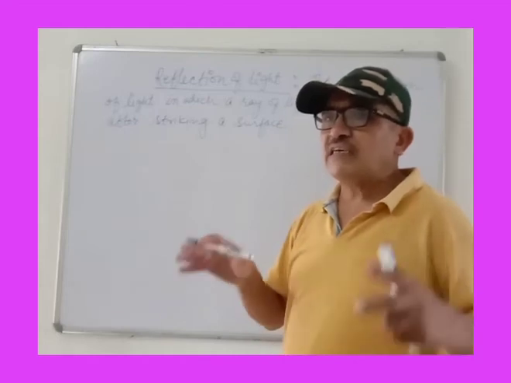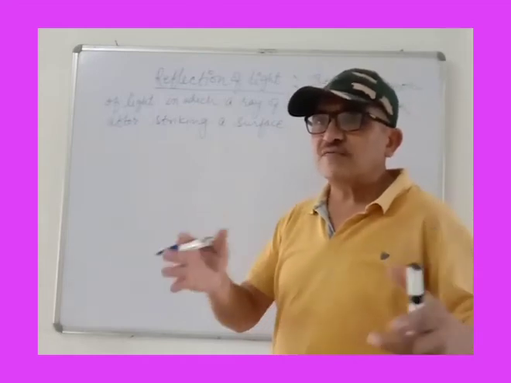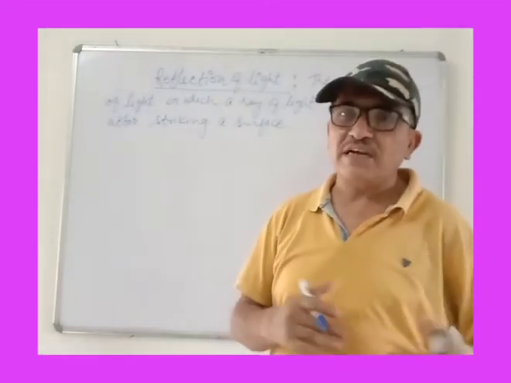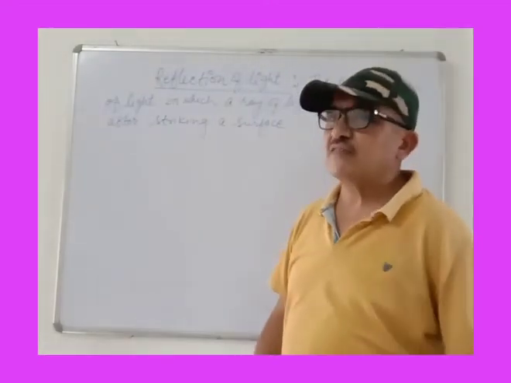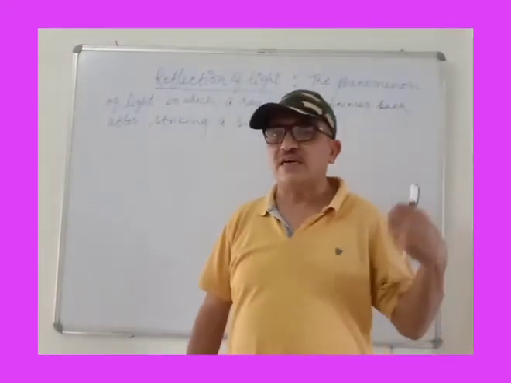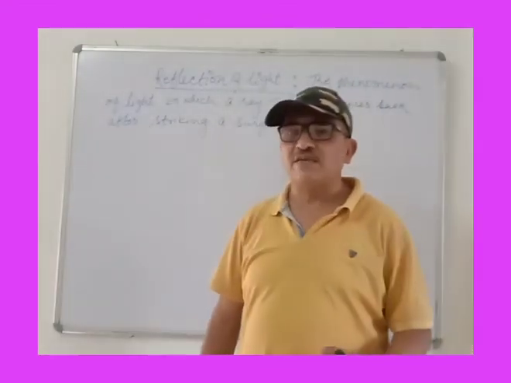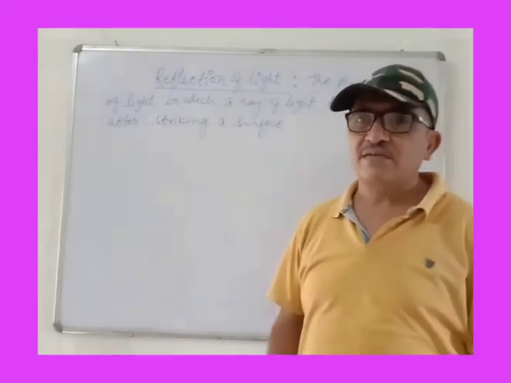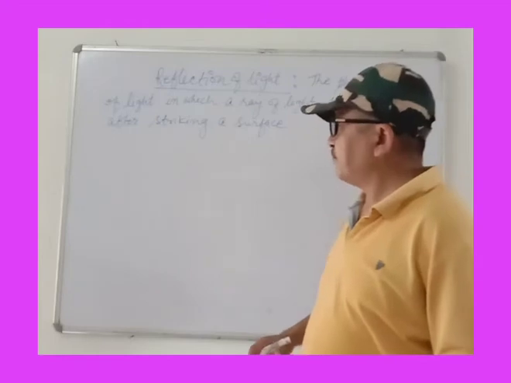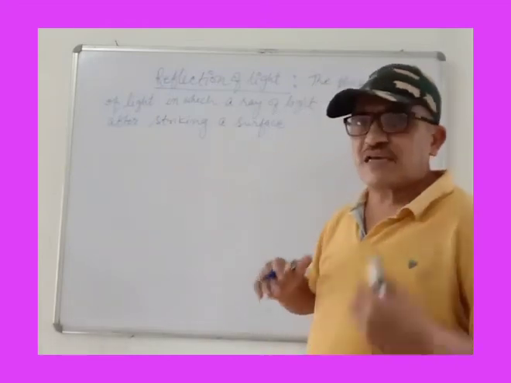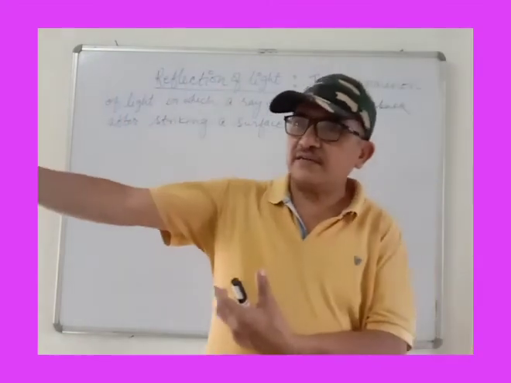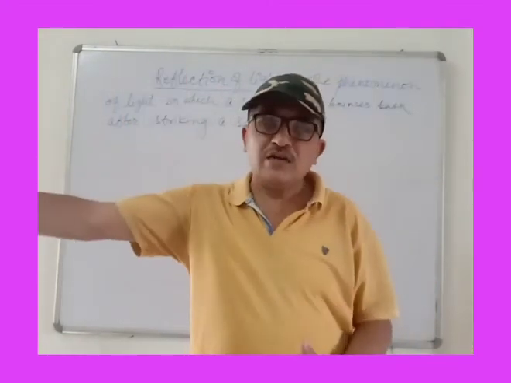So light can reflect from any kind of surface. Yes, there are some rules. Sometimes light reflects in a regular manner, sometimes light reflects in a scattered manner. That is a different thing, but light gets reflected. Okay, reflected, bounces back to the same medium. I am standing in a medium, and I can see the wall.